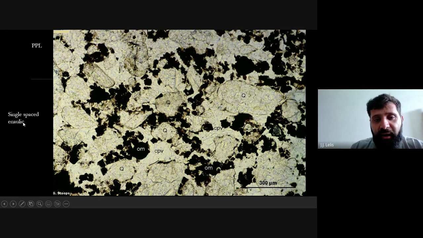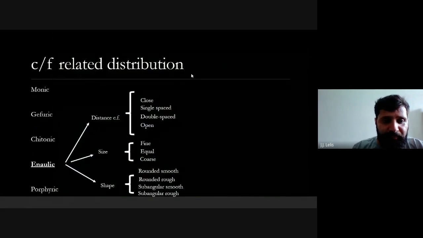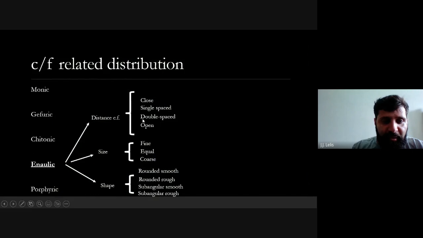This kind of CF ratio is quite common in well-developed soils, formed by intense biological activity, okay? And we can distinguish this kind of CF ratio in different types according to the distance of the coarse grains of the coarse fraction.